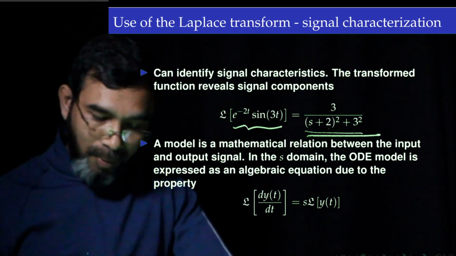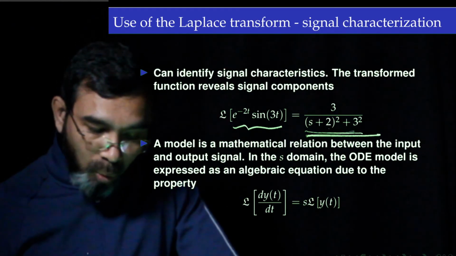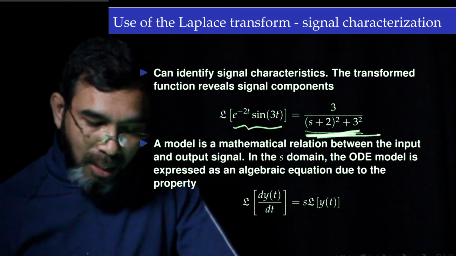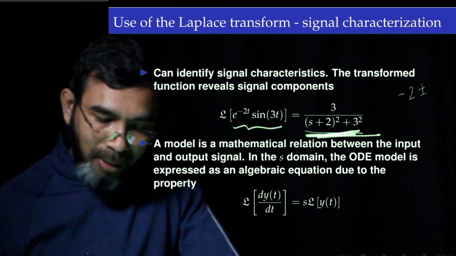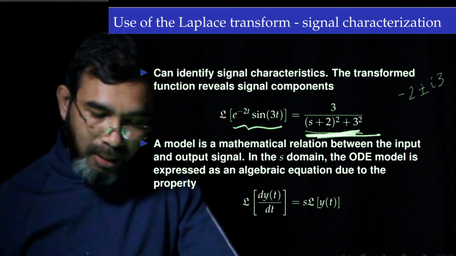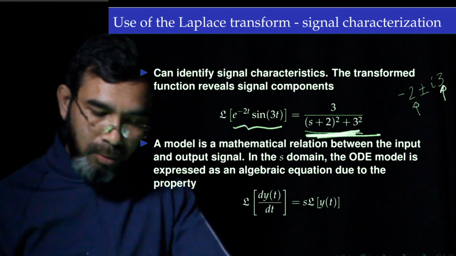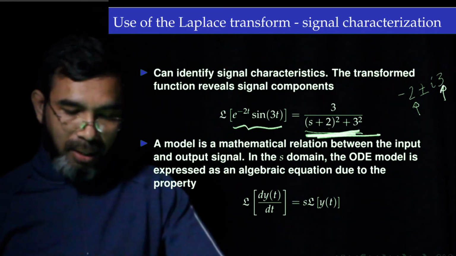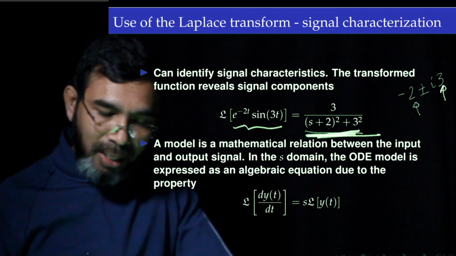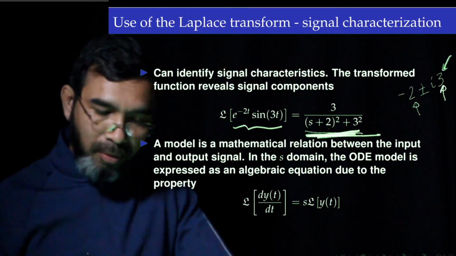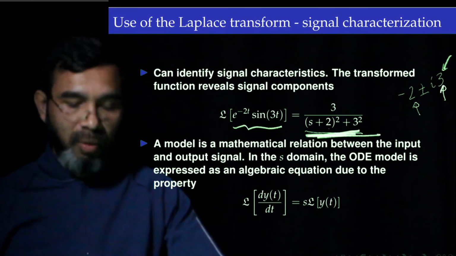If we take the roots of this polynomial, the roots will be negative 2 plus minus i3. This corresponds to beta, and this corresponds to omega. So there is an exponential component having this decay factor 2 and a sinusoidal component having this frequency 3. From the transformed function we can get that information.